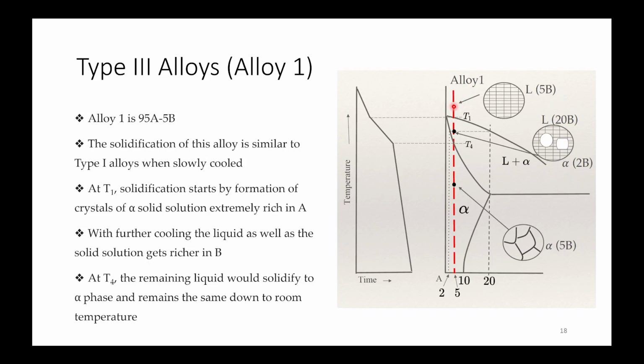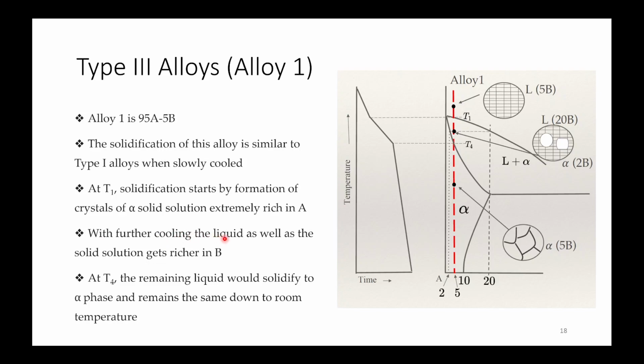Before this it is completely liquid, then there will be the start of formation of some alpha particles. So alpha will form, and it will form up to this point. There will be complete alpha formation, and the solidification starts by formation of crystals of alpha solid solution extremely rich in A.